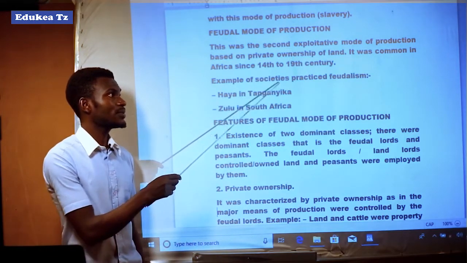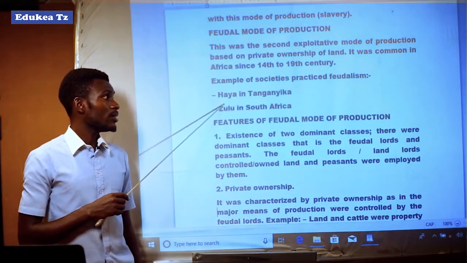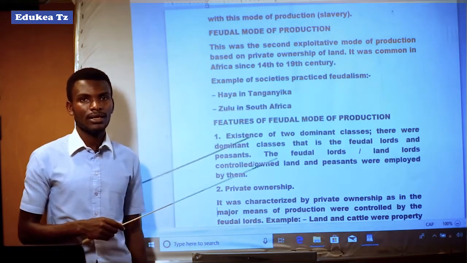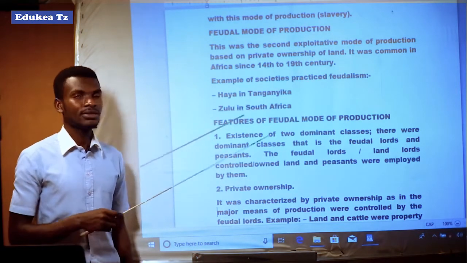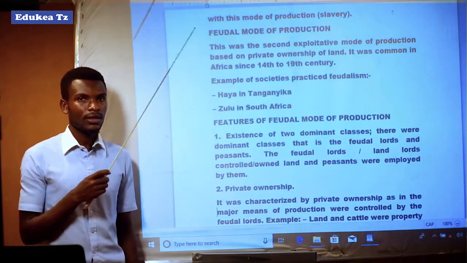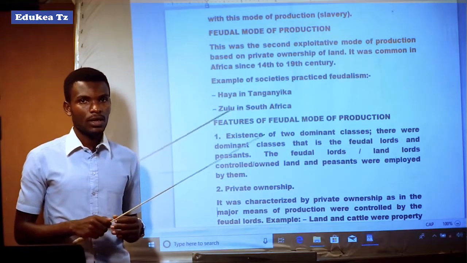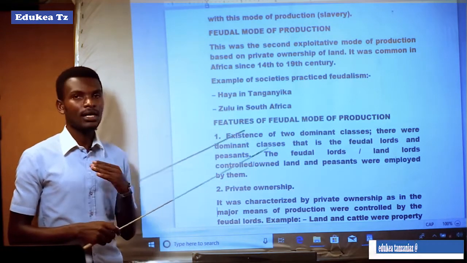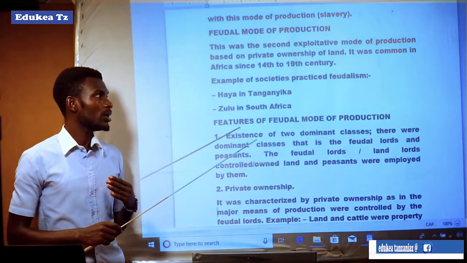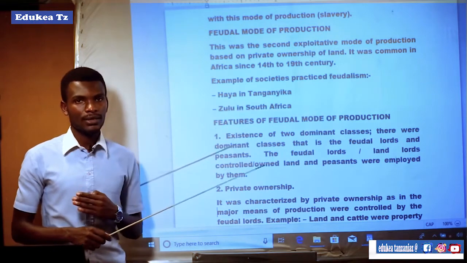Examples of societies that practiced feudalism. The first society was the Haya in Tanganyika, which is now Tanzania. The Haya society in the northern part of Tanzania practiced feudalism, specifically in Bukoba, where the feudal system was known as Nyarubanja.